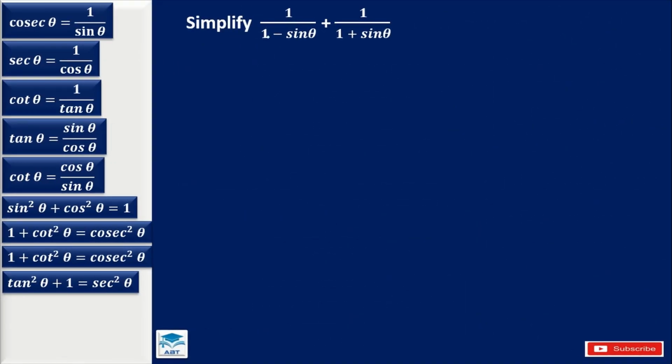Simplify 1 over 1 minus sine theta plus 1 over 1 plus sine theta. So let's take the LCM. We have 1 minus sine theta multiplying 1 plus sine theta as the LCM. And 1 minus sine theta will cancel 1 minus sine theta, leaving 1 plus sine theta times 1, which is still 1 plus sine theta.